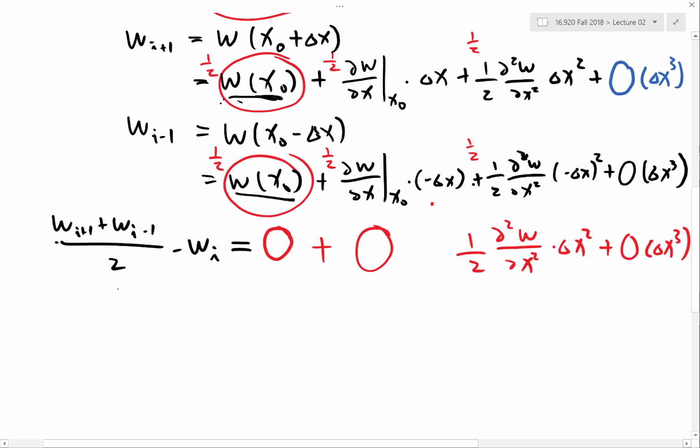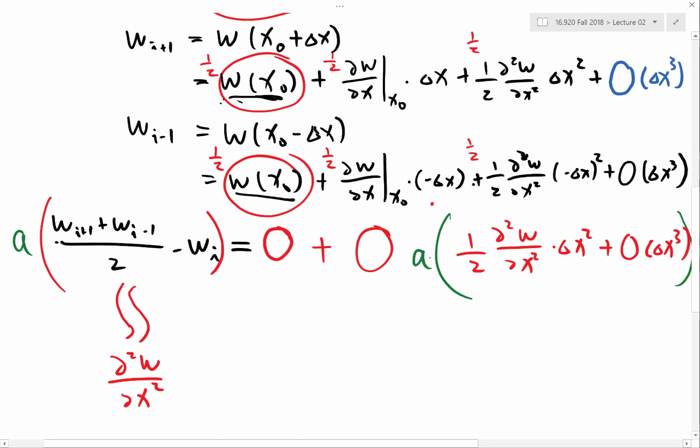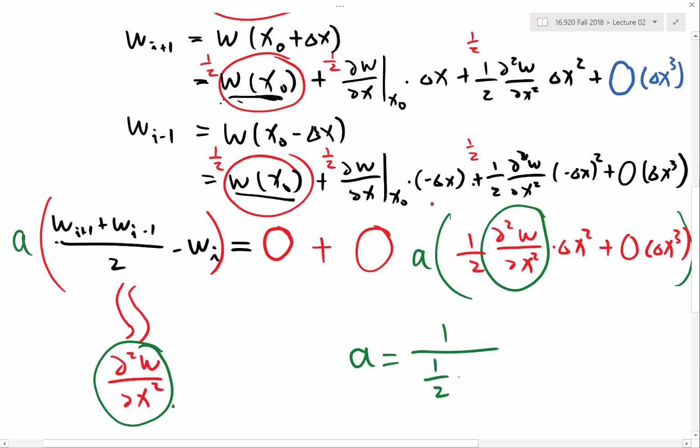Remember we want to approximate the second derivative with this times some unknown a. So we want to multiply by some a so that this is approximately equal to that, and we already have a term here. What should a be? a should be the reciprocal of whatever is here, half of delta x squared, so that we cancel the half and the delta x squared and obtain the second order derivative.